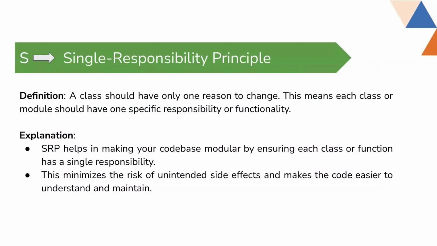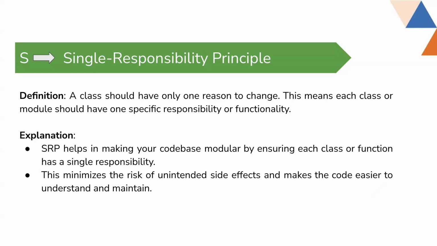The first one is the single responsibility principle. The definition says that a class should have only one reason to change. If you know what a class is in OOP, we maintain code in a class, this class is used in separate sections, and we use objects of the class.